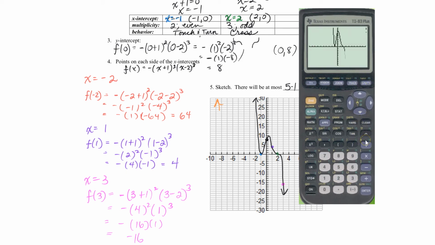And it's going to give us our sketch, which looks very much like the graph that we just made ourselves, right?